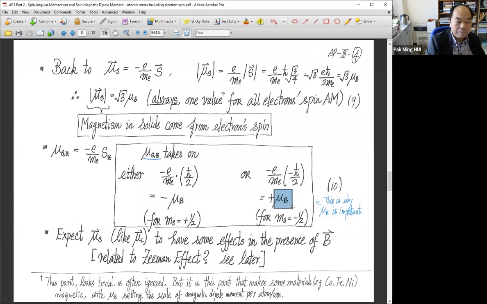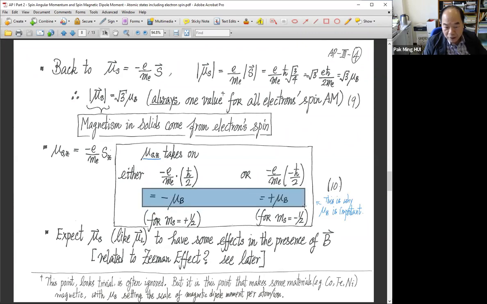Okay. Now, if there's a B field, thereby mu_B times B will set the scale of how spin interacts with the external field. Get me? So I think this is the most important reason why we better remember mu_B, the Bohr magneton.